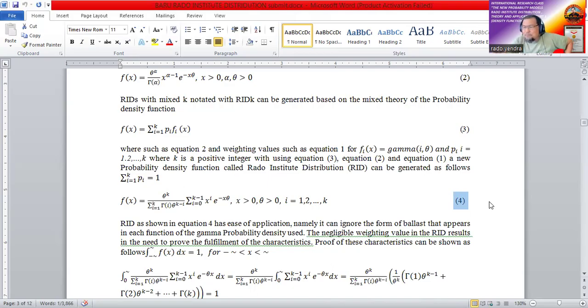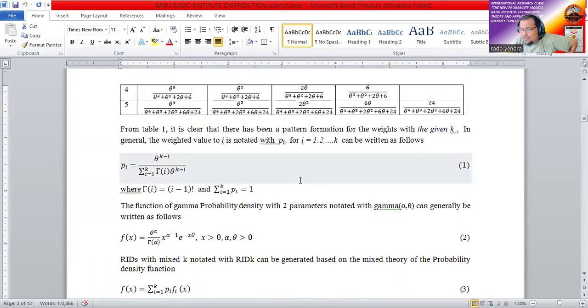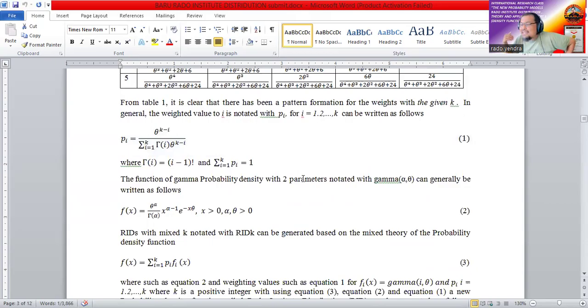This is very different from the other models like the Lindley, Sujatha, Amarendra, Devya, and Shanker. For those models, we must focus on the proportion, like we discussed in table 1. This is for the proportion or weight. And in the Rama Indra distribution, we don't need the information of the proportion.